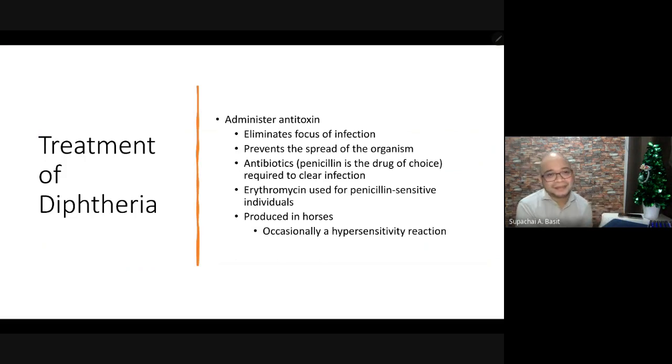Treatment. So how do we treat diphtheria? We can treat diphtheria by administration of antitoxin. The purpose of administering antitoxin is to neutralize the toxic effect.